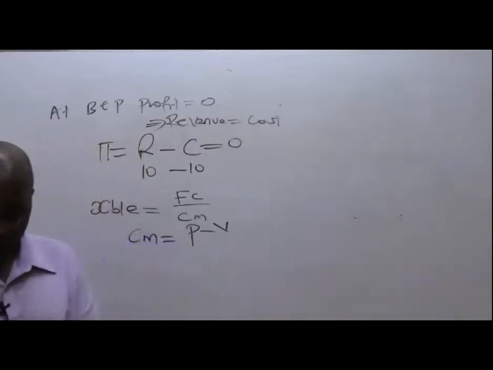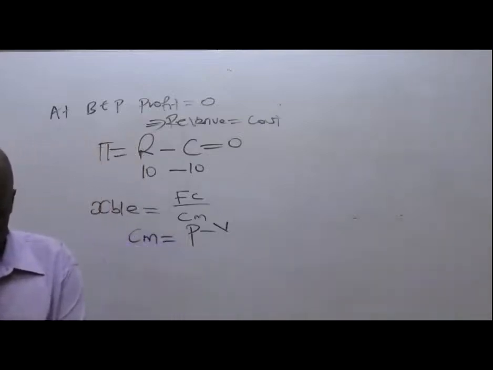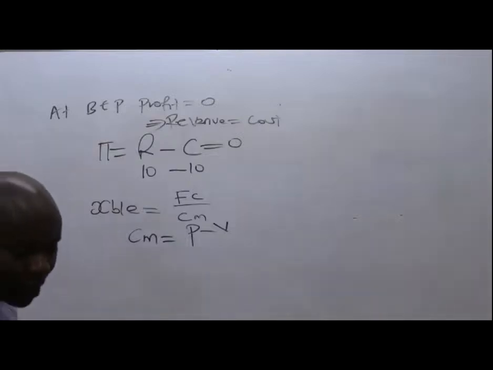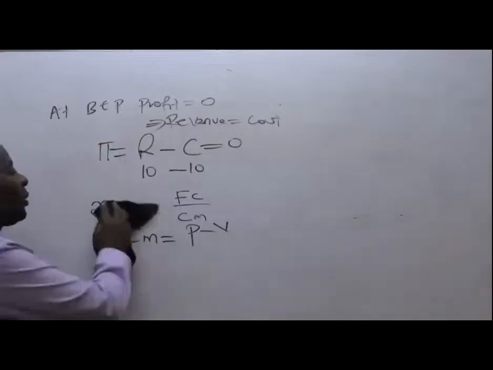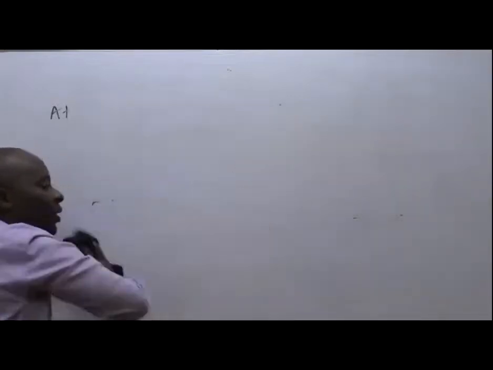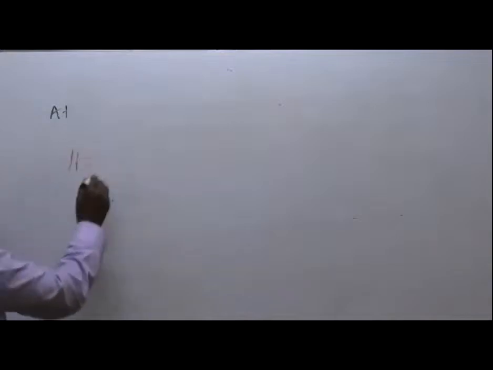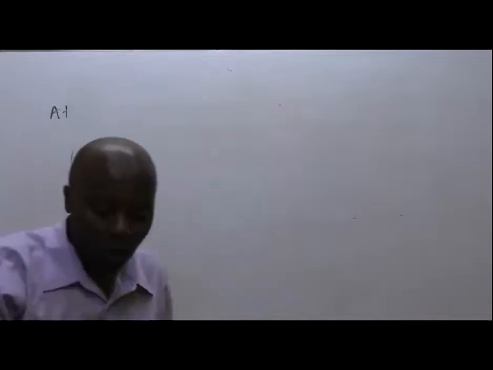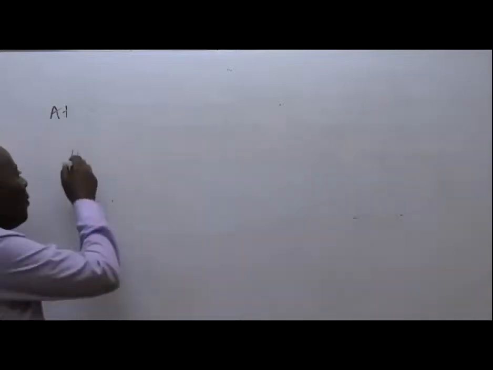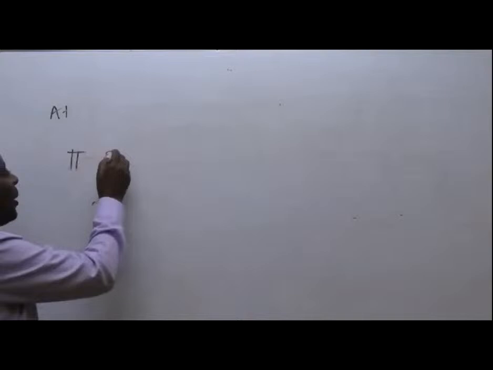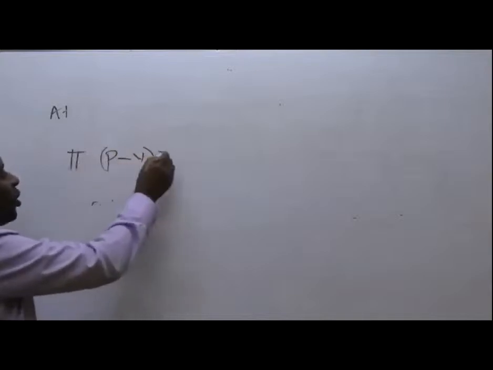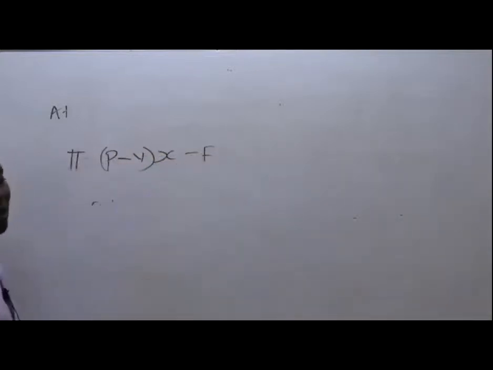To get profit, my great students, whenever I see price, variable cost, and quantity, what I will do is talk of P minus V multiplied by quantity, minus fixed cost.